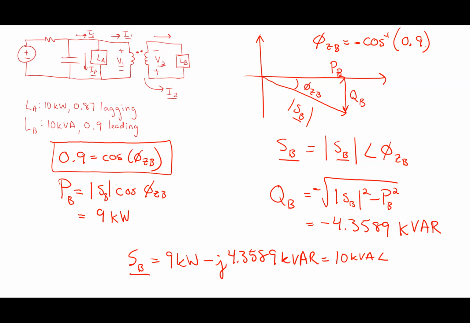Because the answer that I get here is negative 25 degrees. The problem is, what's the cosine of 25 degrees? It's also 0.9, right? So I have to manually put that negative sign in there.